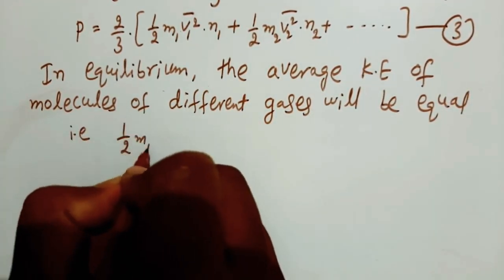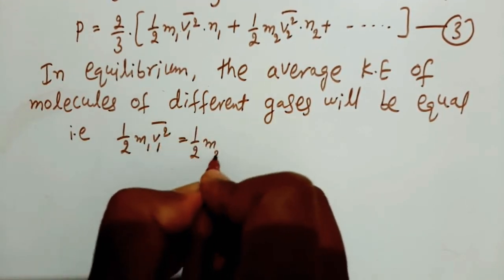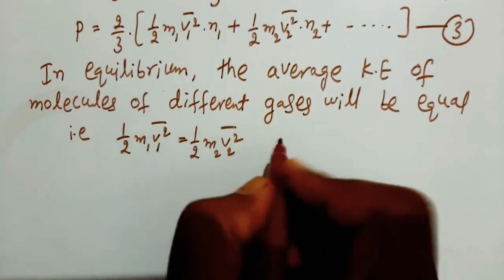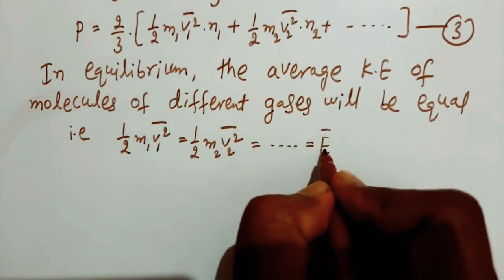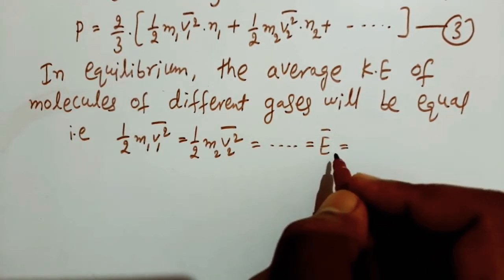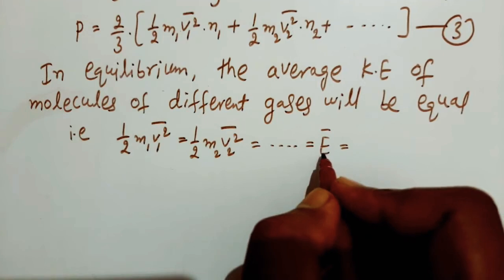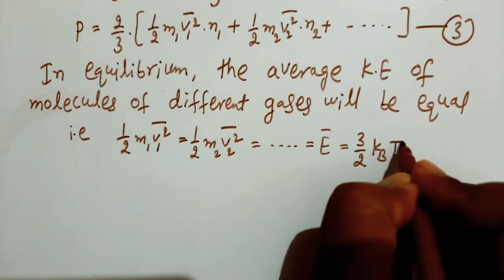1 by 2 m1 v1 square bar is equal to 1 by 2 m2 v2 square bar is equal, that is, equal to the average kinetic energy E bar. From the kinetic interpretation we know E bar is equal to 3 by 2 kBT.